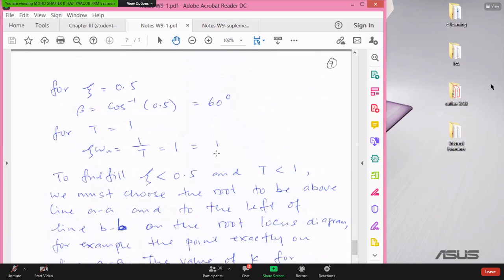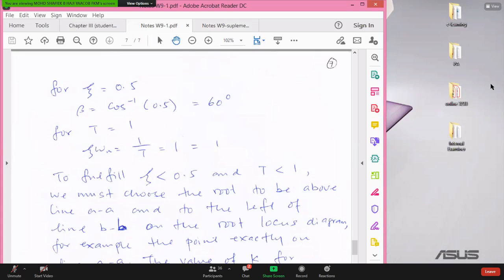So for a time constant of 1 second, the real part of your root must be equal to 1. Anything less than that is going to produce a time constant bigger than 1. So this is the critical point that will give you a time constant of 1 second. The real part of the root, zeta omega n, should not be less than 1.